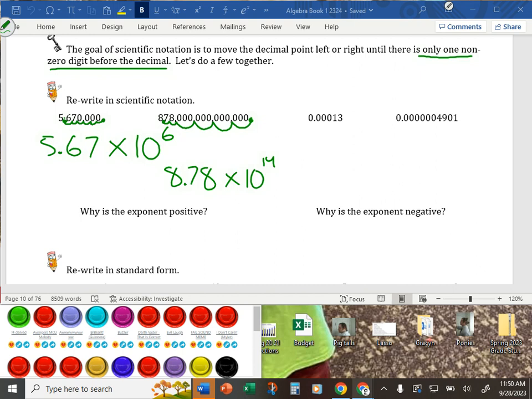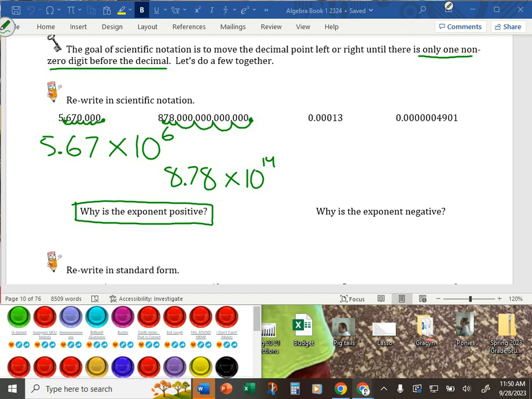Okay? Now this question here, why is the exponent positive? What does a positive exponent in scientific notation tell you about your original number? Is it a really big number or a really small number? Really big. 5,670,000, that's big. 878 trillion, that's big.